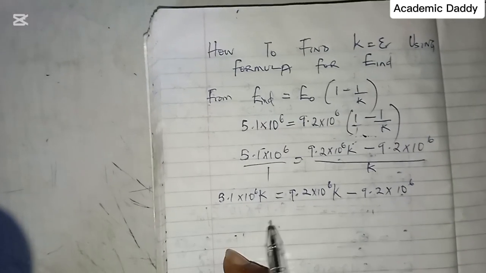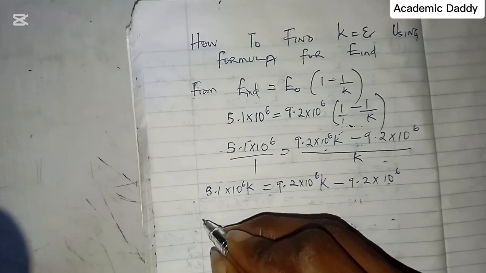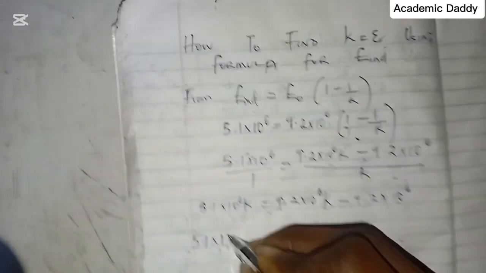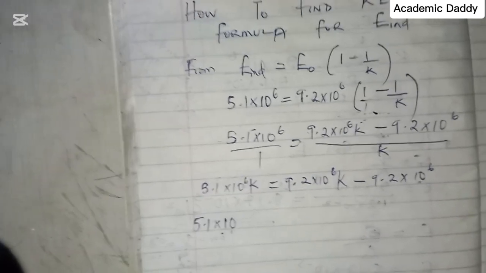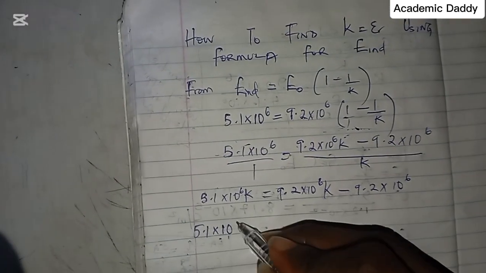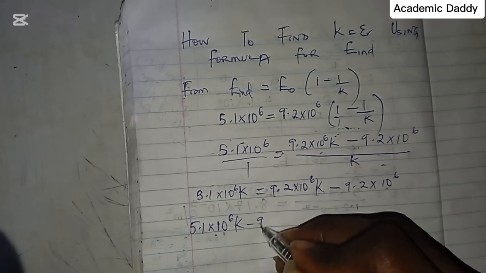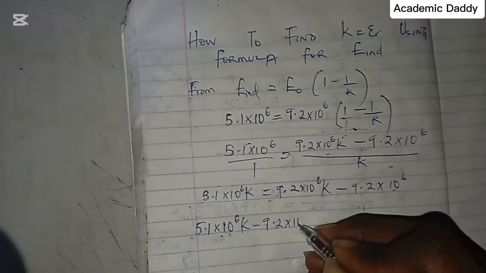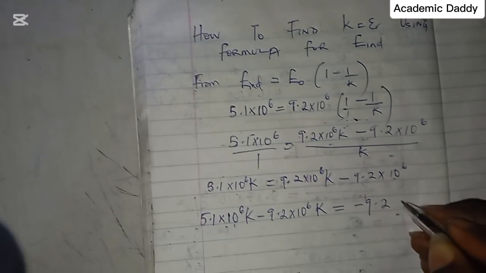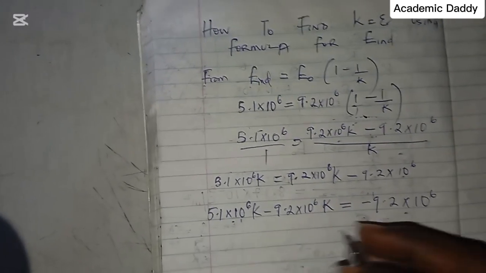If you collect the k's, you will have that this will be the same as saying 5.1 times 10 raised to the power 6k minus 9.2 times 10 raised to the power 6k equals to minus 9.2 times 10 raised to the power 6.